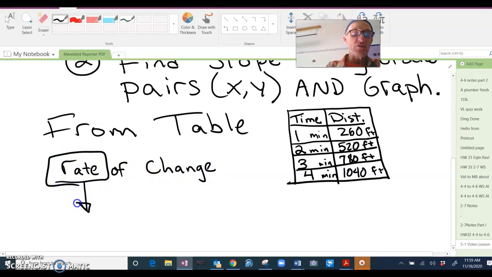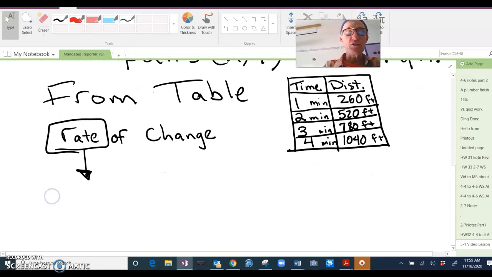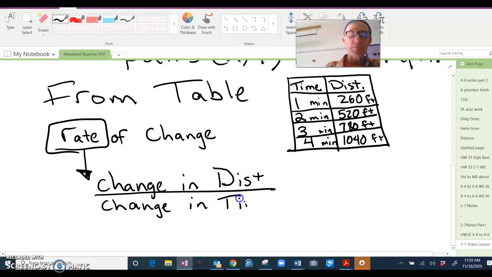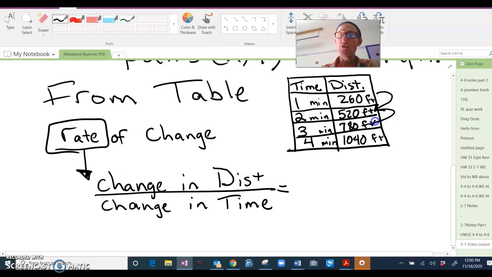Rate is this. It's the change in distance divided by the change in time. Okay? So this is the change in distance: 260 to 520, 520 to 780, 780 to 1040.